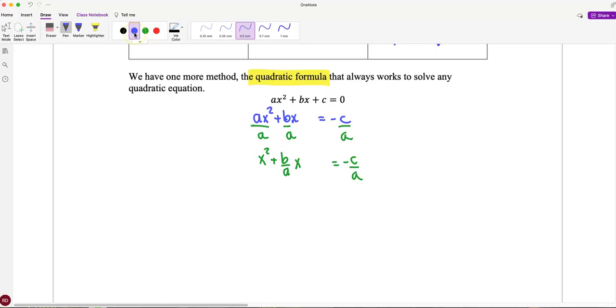Now what I want to do is complete the square. So I need to look at the x terms. You need to take b over a, you need to take 1/2 of that, okay, and then you square it. So I'm going to add b over 2a squared. I need to add this to both sides. So this allows us to complete the square.